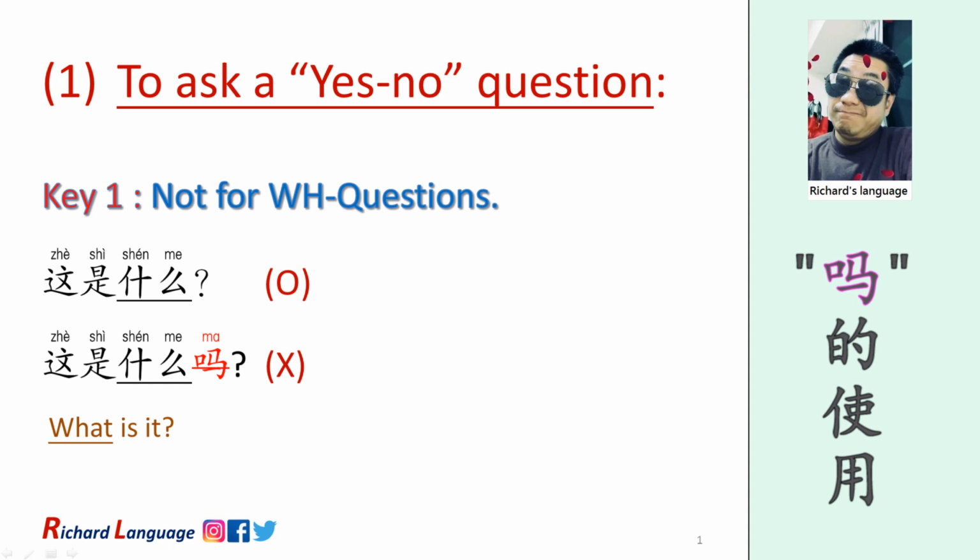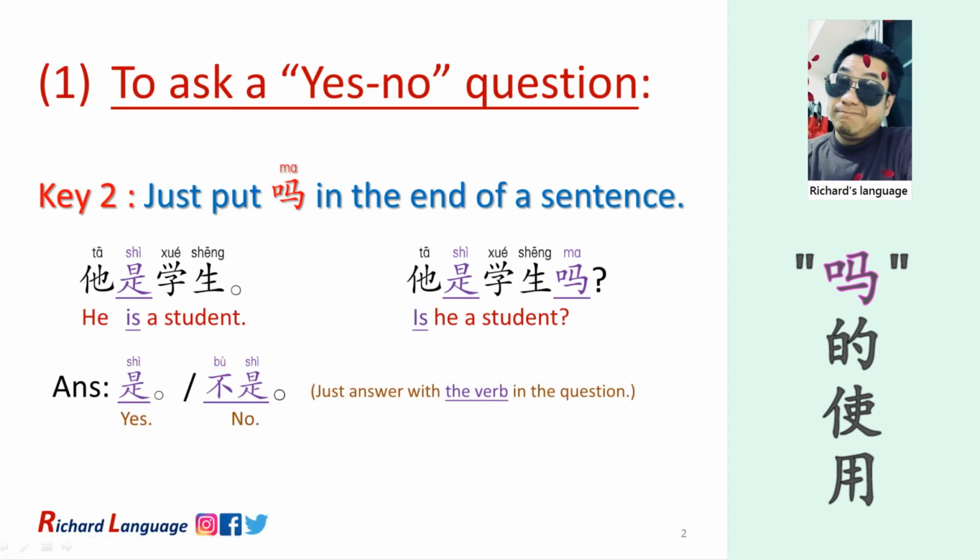So please pay attention. Okay, then the key two, the way we use the word ma is just put this word in the end of a sentence. For example, 他是学生。He is a student.